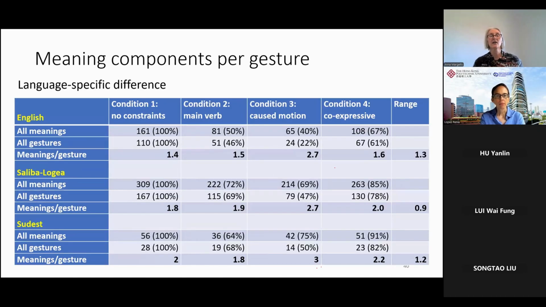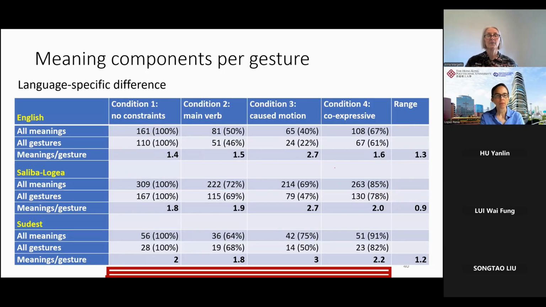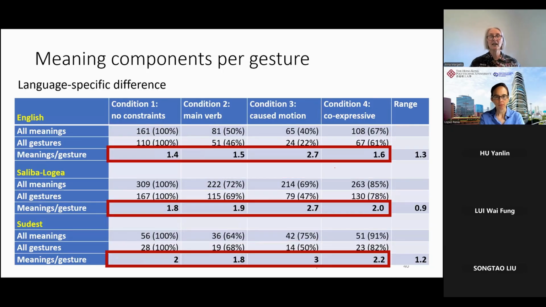So if we look at this language by language, we can see that English overall has, in all of the conditions, a lower ratio of meanings per gesture. So the English speakers seem to have fewer meaning components expressed in their gestures compared to the Oceanic languages that seem to have more semantically complex gestures, if that makes sense as a label.